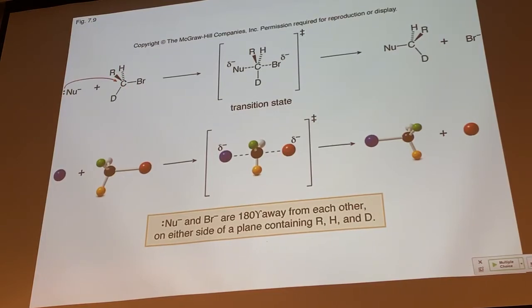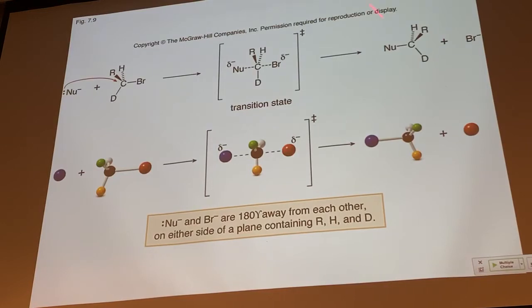And so when we get to the transition state, we have this trigonal bipyramidal arrangement where we have the 3 groups that are not participating in the substitution reaction coplanar with each other with trigonal planar geometry. And then we have the nucleophile and the leaving group 180 degrees opposite each other.